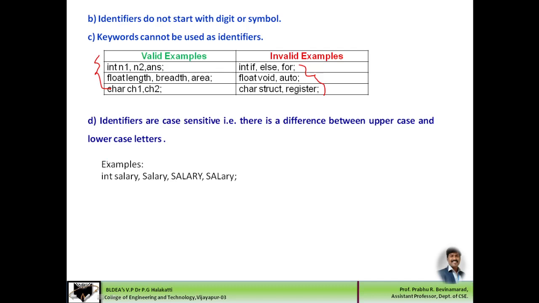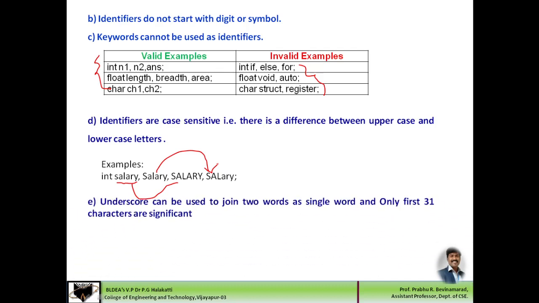Therefore this identifier is different from that one, and all the identifiers are unique, right? So four different memory locations will be created, though the name is the same. So there is a difference between uppercase and lowercase letters for identifiers.